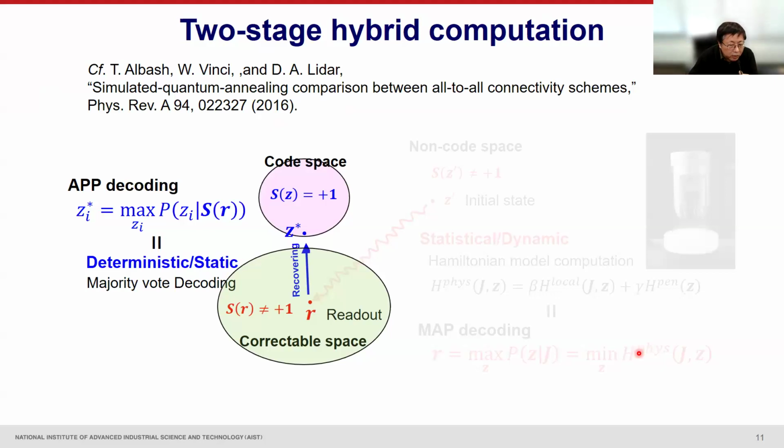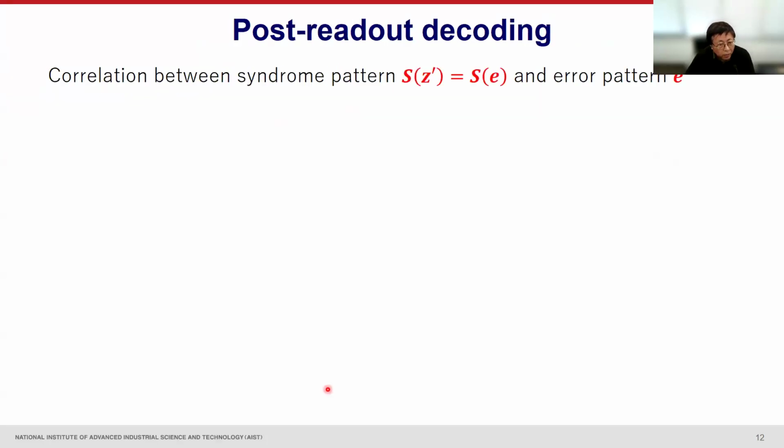And next, we consider the second stage, that is, post-readout decoding. For the post-readout decoding, we effectively use the correlation between the syndrome patterns and the error pattern stated before.